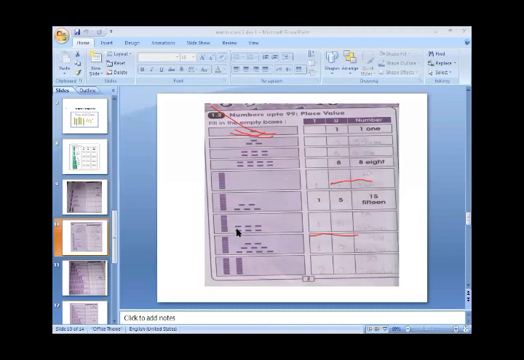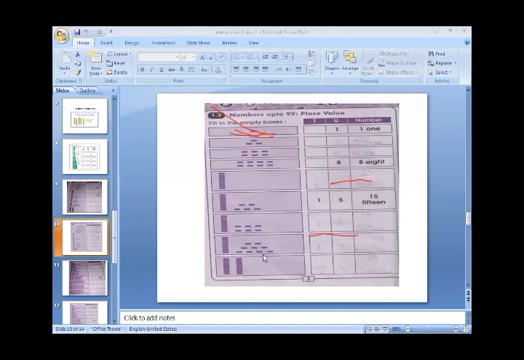How many units are there? There are 1, 2, 3, 4, 5, 6. There are 6 small blocks. So you will write 6 at unit place because small blocks show unit place. 1 ten and 6 units makes number 16. So you will write 16 in number column: SIXTEEN 16.